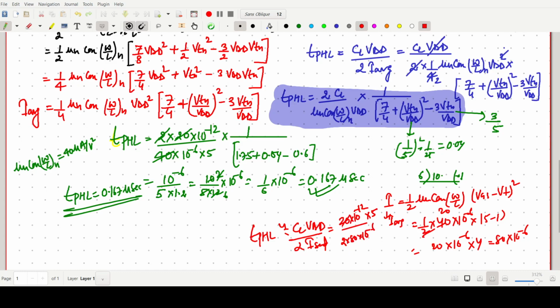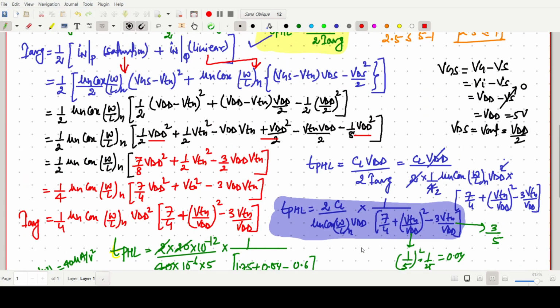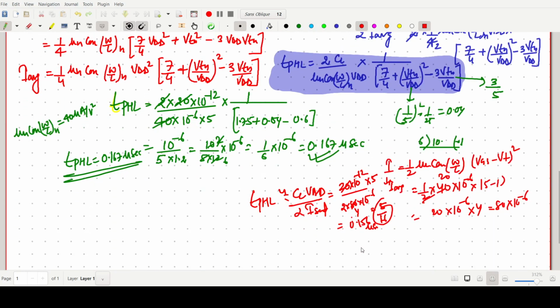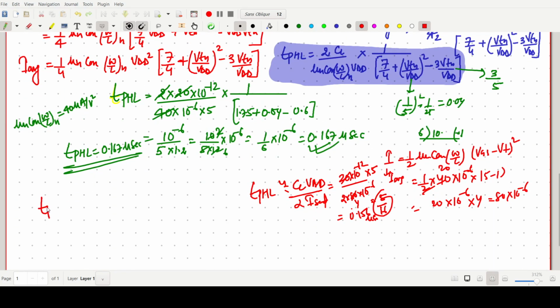So it should be 5 by 16. Okay, clear. If we solve this one, it will come like 0.156 microsecond.